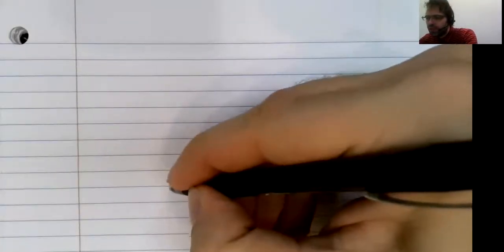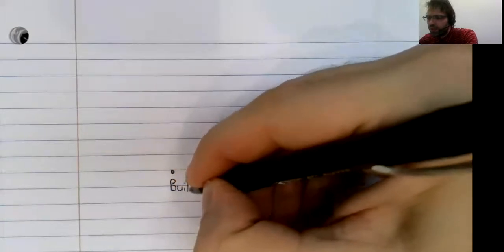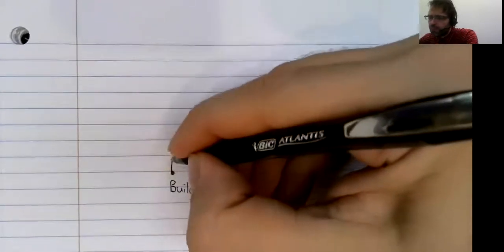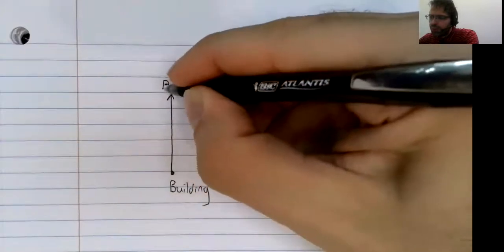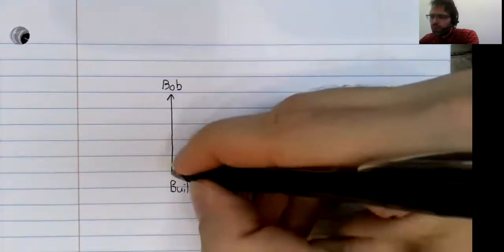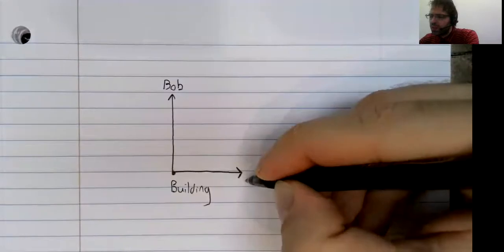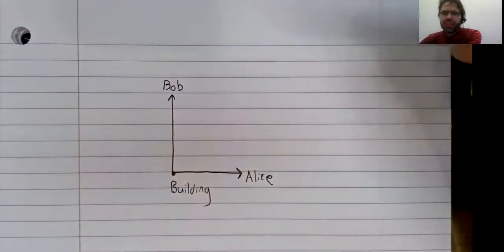Okay, so here's our building. Bob is walking due north. Alice is walking due east.